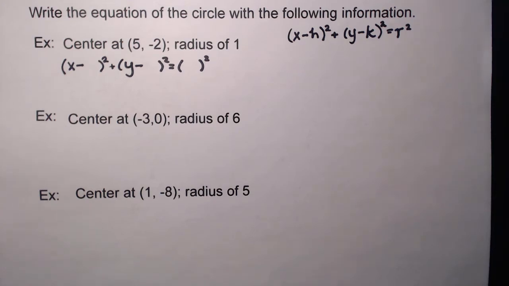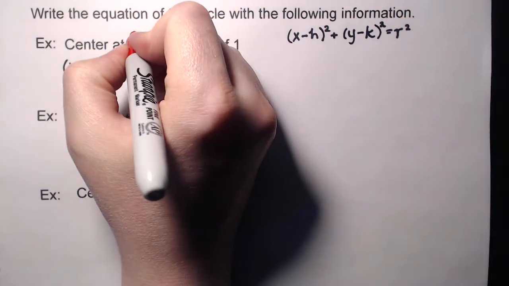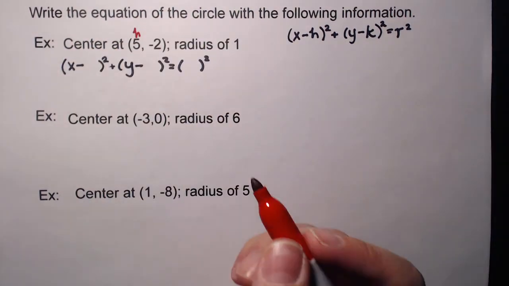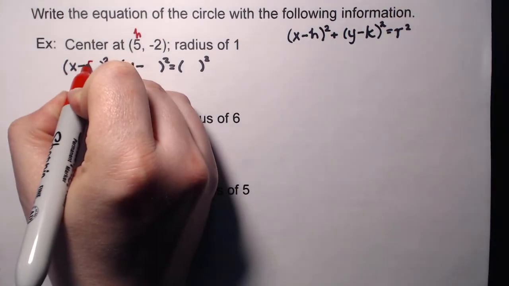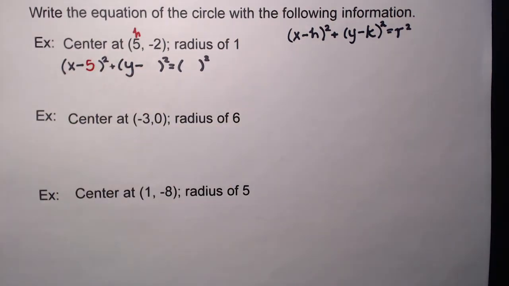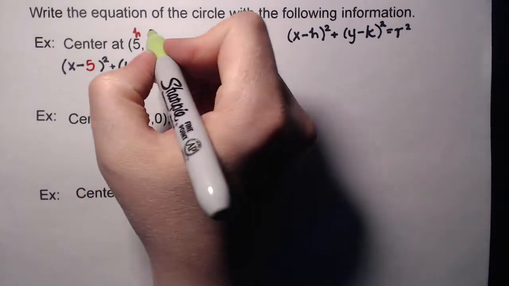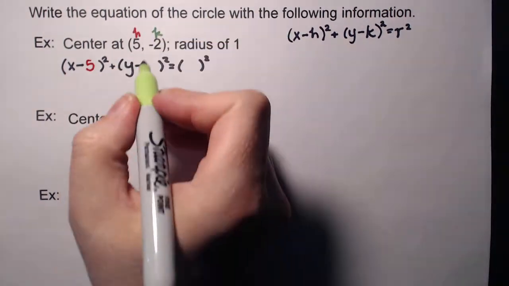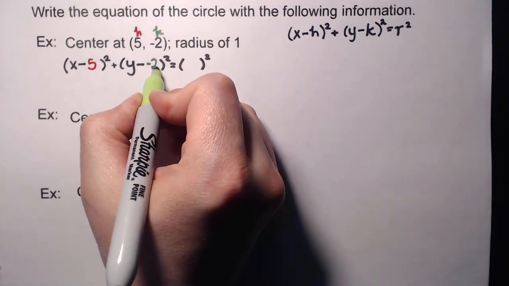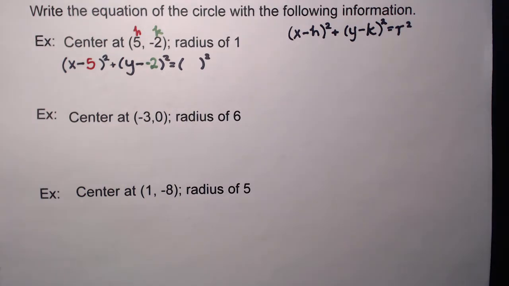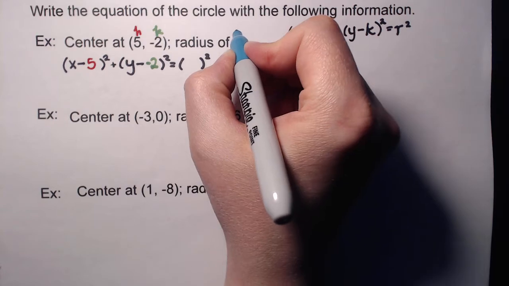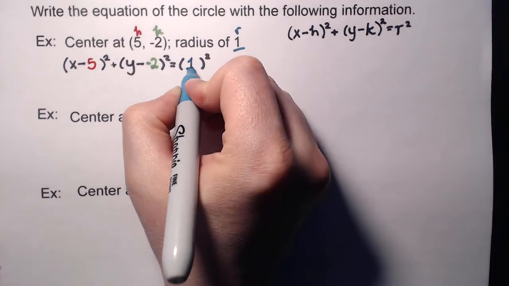So this is your h value, so that's what goes here. This is your k value, so this goes here. Now I am going to be subtracting a negative, so I'm going to deal with that in a minute. And then this is your radius. That goes there.